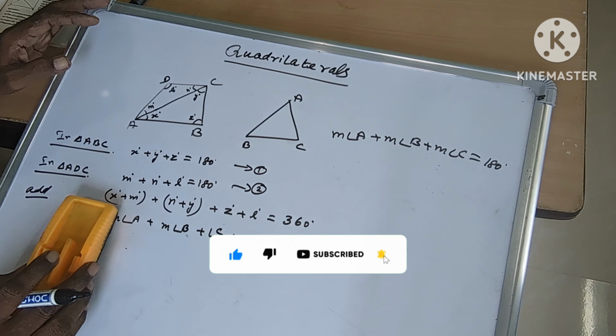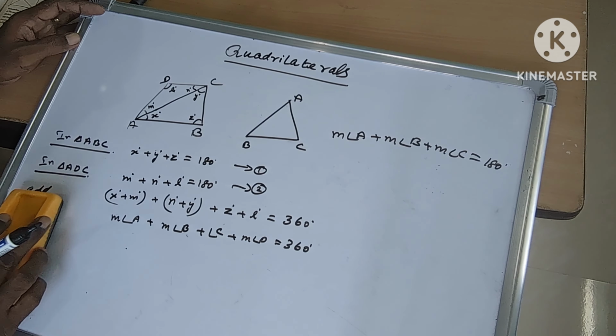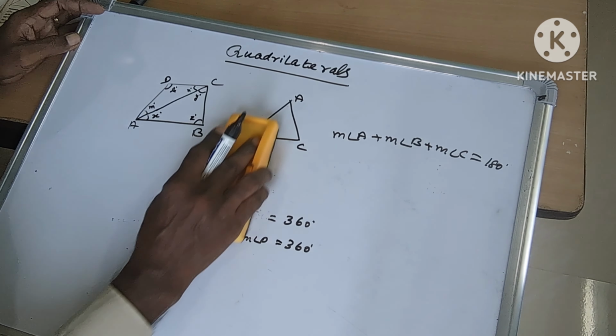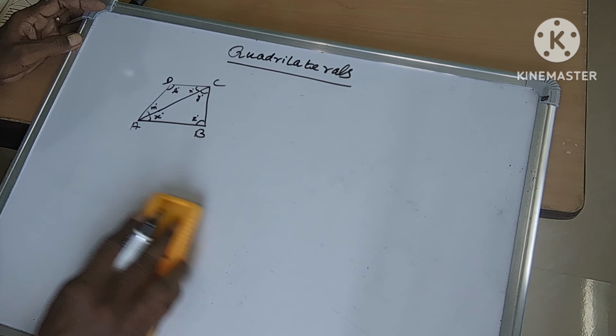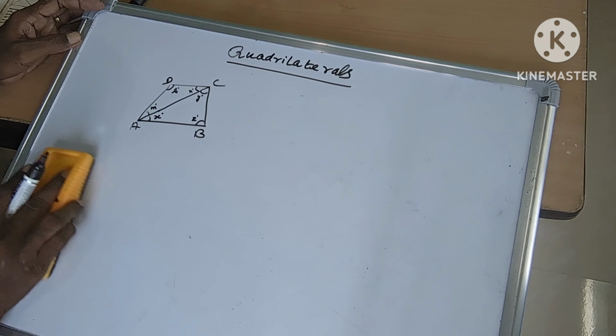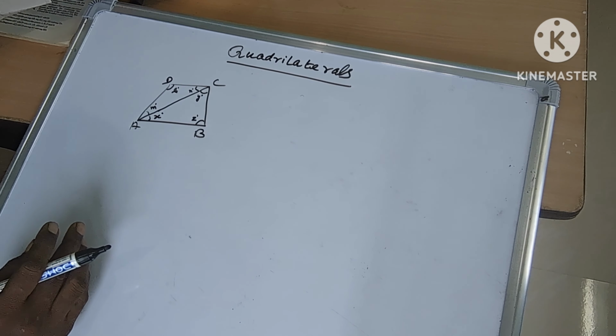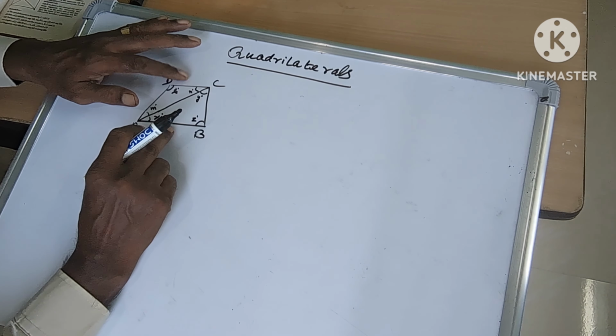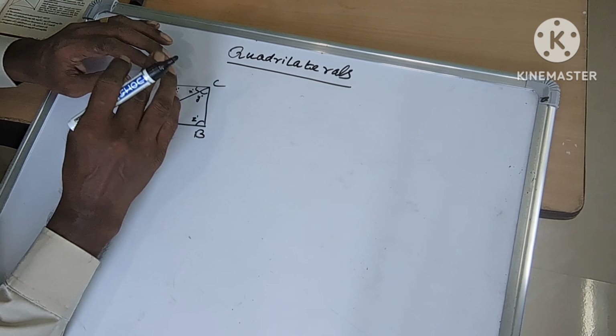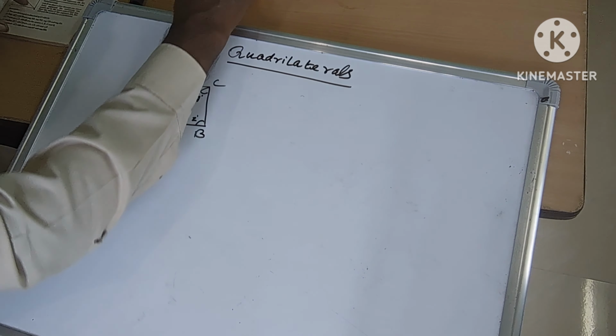So in this quadrilateral we get some particular cases. What may be the opposite sides, or what may be the opposite angles, or the measure of opposite sides? So we get some special cases. We see them one by one.